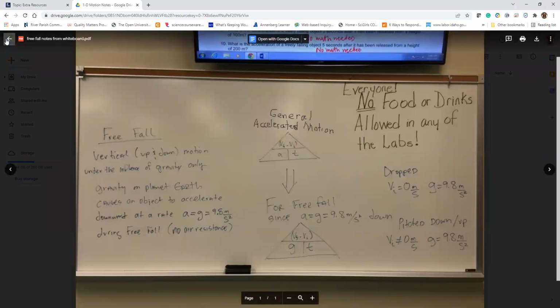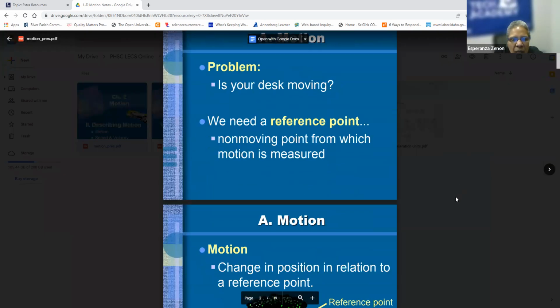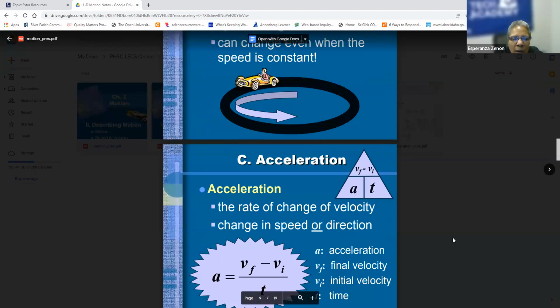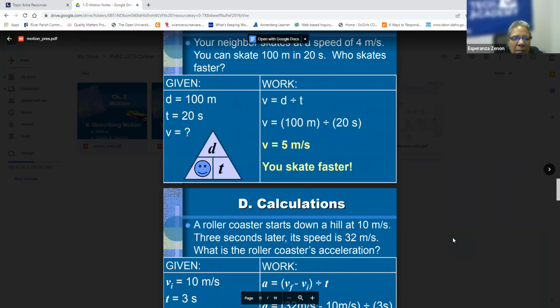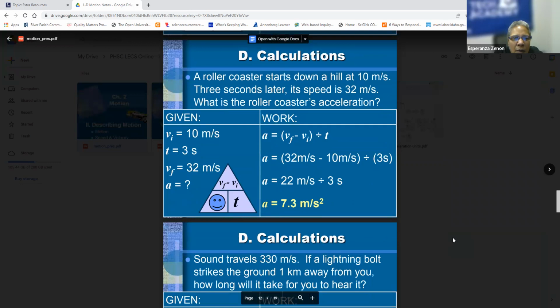Okay. So see, that's good, because you have to be able to distinguish some things. When do I need to solve for acceleration, and when do I automatically know it? Well, if it's free falling, you automatically know it, but the roller coaster is not free falling in this case.